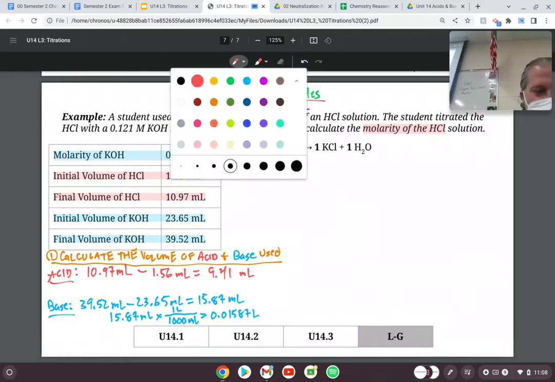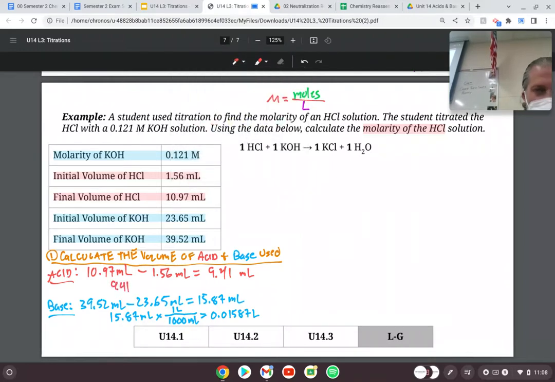And I'm going to do the same thing for my acid. I'm going to take the 9.41 milliliters times 1 liter over 1,000 milliliters, and I get 0.00941 liters. Okay, so that's the first step.